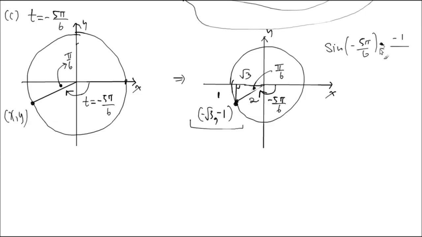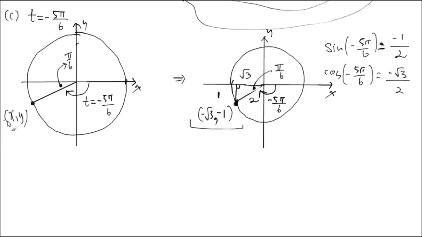What's the radius? Just 2, right? Radius is 2. How about cosine of negative 5 pi over 6? X coordinate, negative root 3 divided by the radius, which is always positive, and here it is 2, right? These are just the values, and these values become the x and y coordinates on the unit circle.